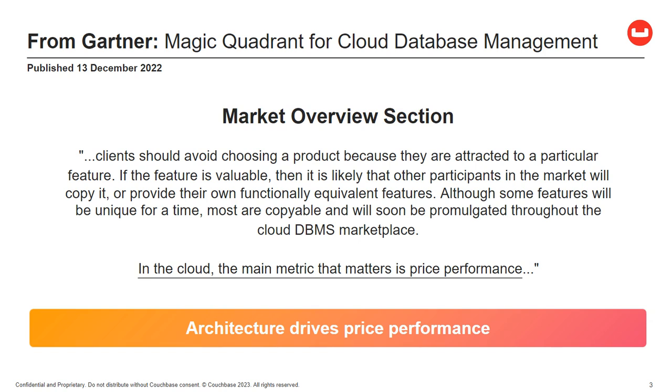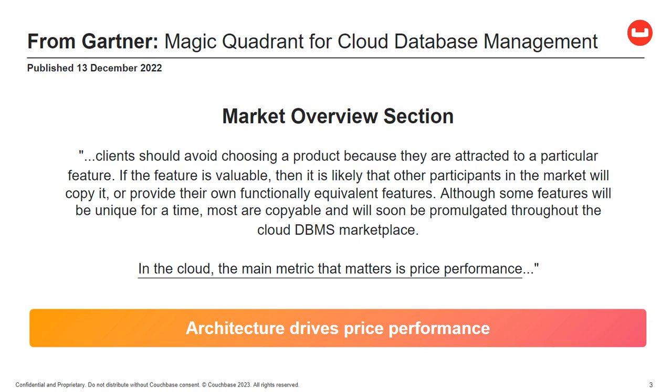So the first thing I want to set, and I'll reinforce what Alberto was just saying, is when you look at, let's say, the Magic Quadrant for cloud database systems, one of the recommendations that Gartner makes is, when you're looking at migrating to the cloud, avoid picking products because you fall in love with a particular feature. If it's valuable, then we all have it.